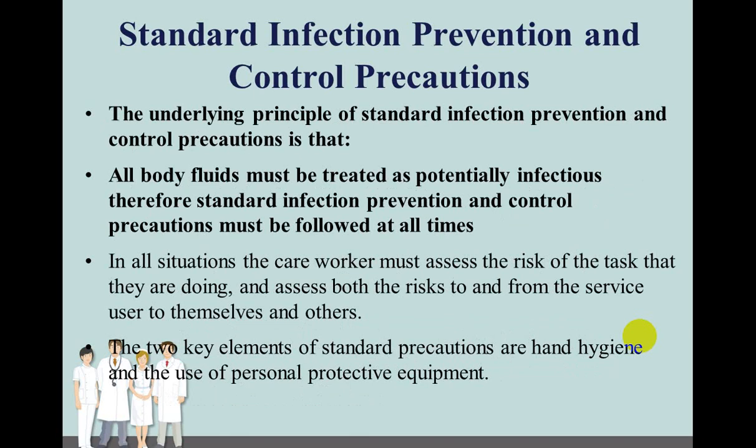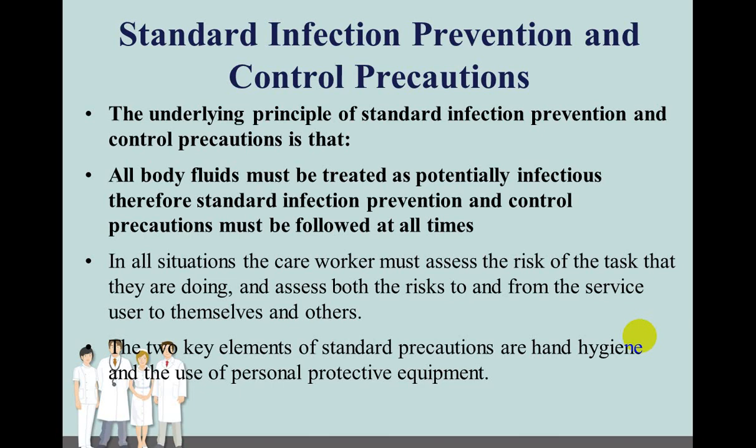The underlying principle of standard infection prevention and control precautions is that all body fluids must be treated as potentially infectious. Therefore, standard infection prevention and control precautions must be followed at all times.